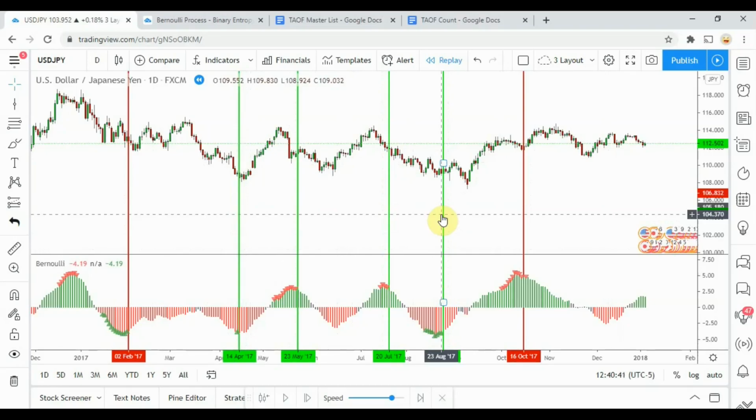I wish possibly this indicator gave a few more signals in one year's time. Six signals is not a whole lot, and so it would have been helpful if we would have picked up some more signals, but it definitely seemed like it was catching the majority of the moves.